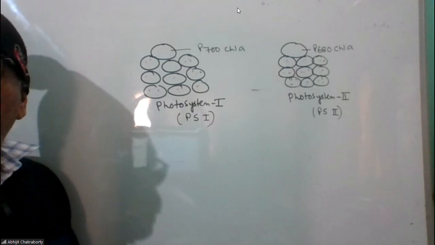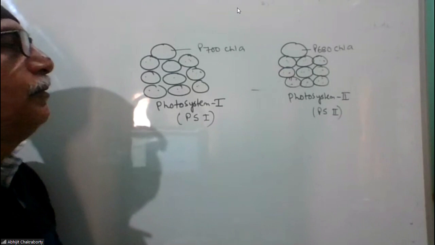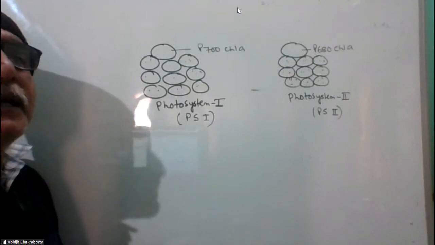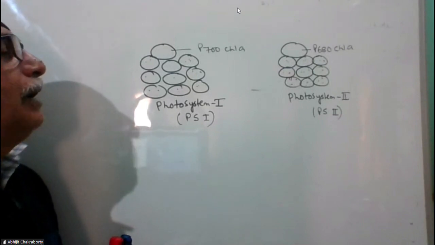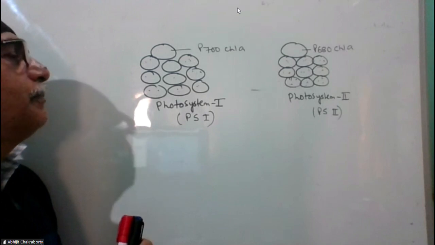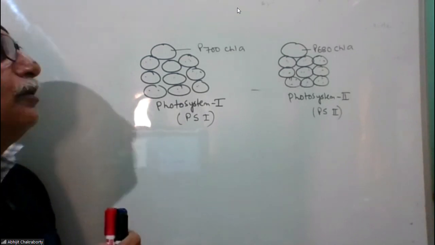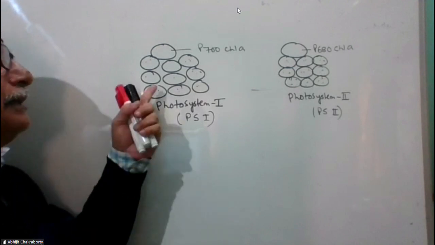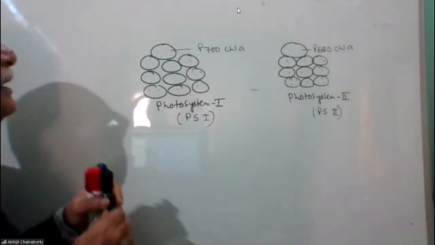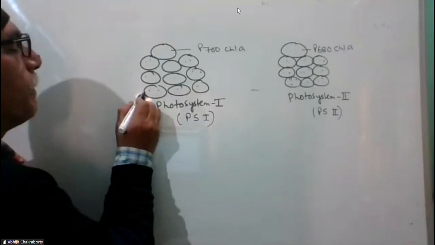Clear? P700 chlorophyll A is to take part in the reaction. The light photons are to be absorbed by these pigments. Remember this thing, all these others are the accessory pigments.